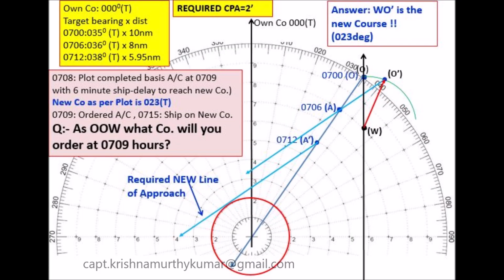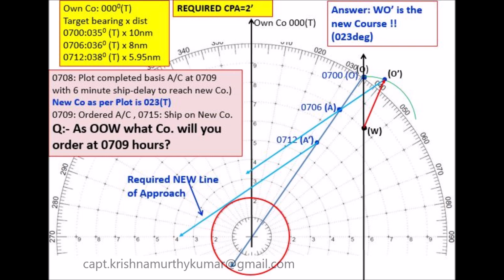Now, what you see is a new slide with another situation. Study the slide carefully. It has already been solved and worked out. To recap, your own course is 000. The target bearing is already given and it has been plotted.